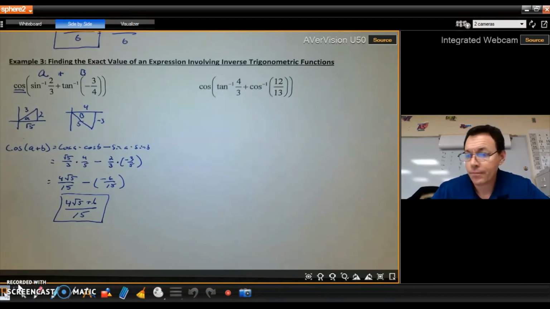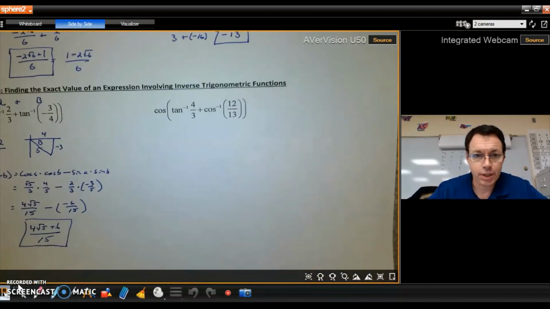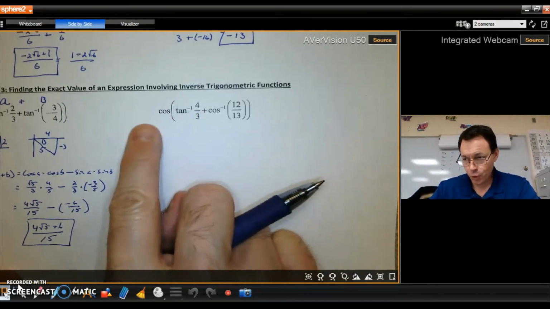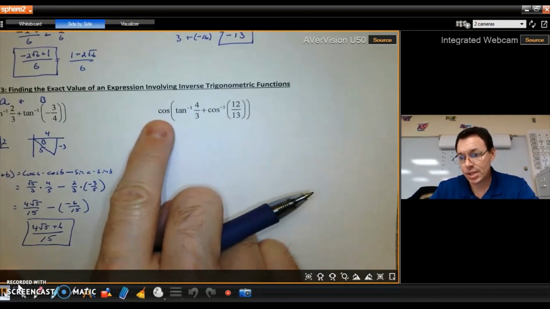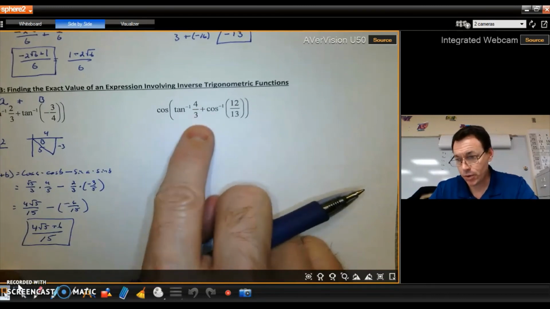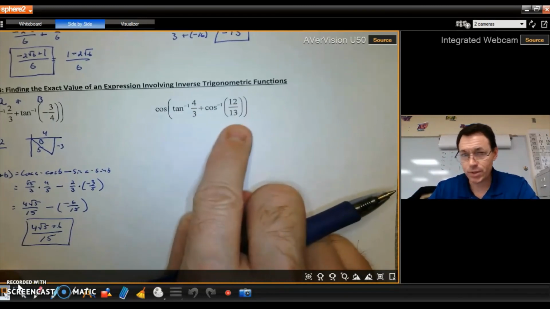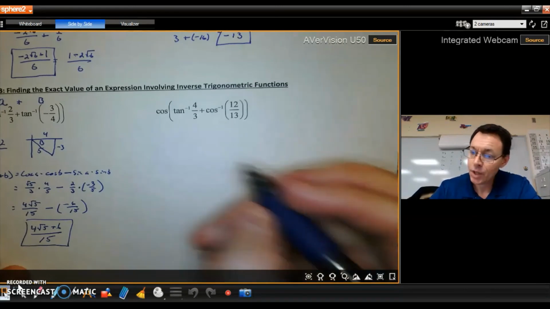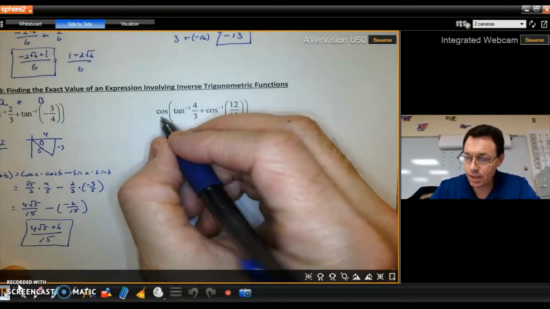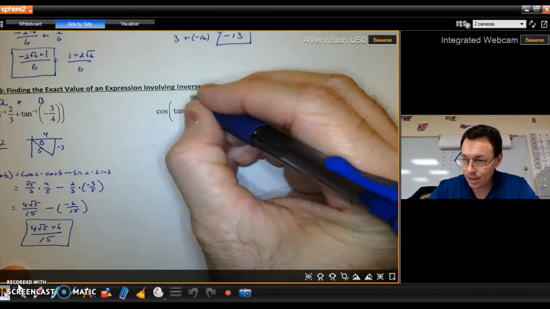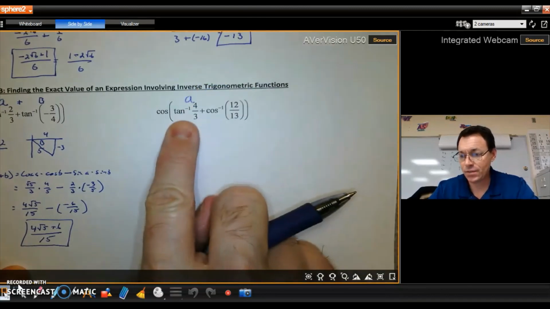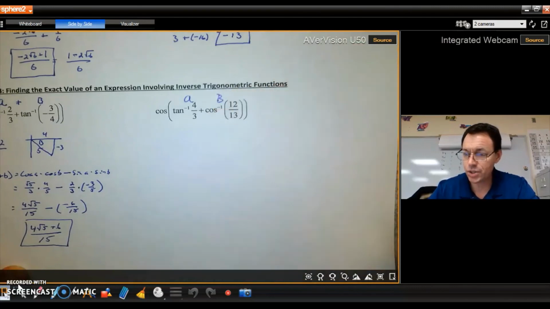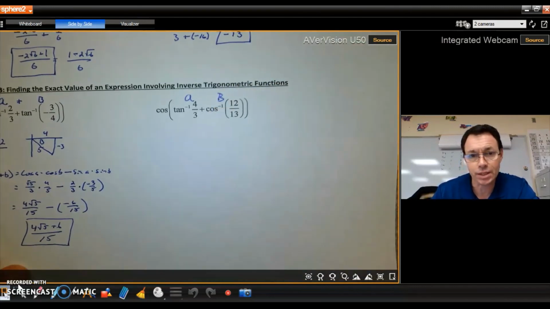Okay? Now, the last one I want you to try to do. It's the cosine of, now if you read this, it would say, what is the cosine of the inverse tangent of 4/3 plus the inverse cosine of 12/13? Which doesn't mean a whole lot. What we're trying to find is the cosine of this angle that happens to have a tangent value of 4/3 plus this angle, so it's a different angle, which happens to have a cosine value of 12/13.